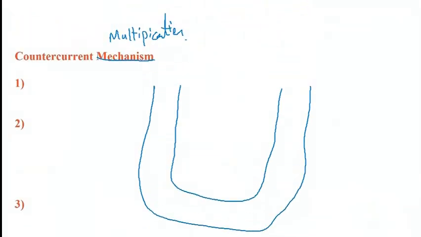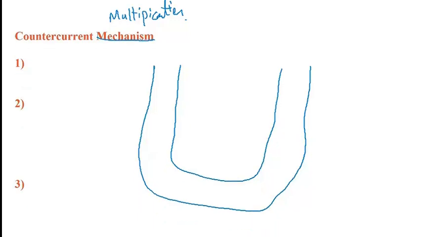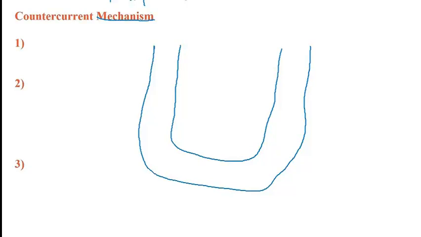So let's say that we have a brand new nephron and now the filtrate is entering the loop of Henle. I'm trying to describe how a countercurrent multiplication is being developed here. Since there is 300 milliosmolar concentration in the proximal convoluted tubule and there is proportional reabsorption of solutes as well as water, there would be 300 milliosmolar that also enters the loop of Henle.